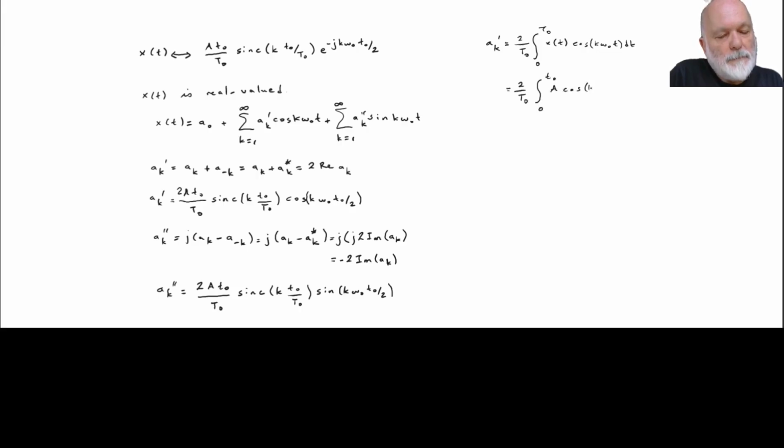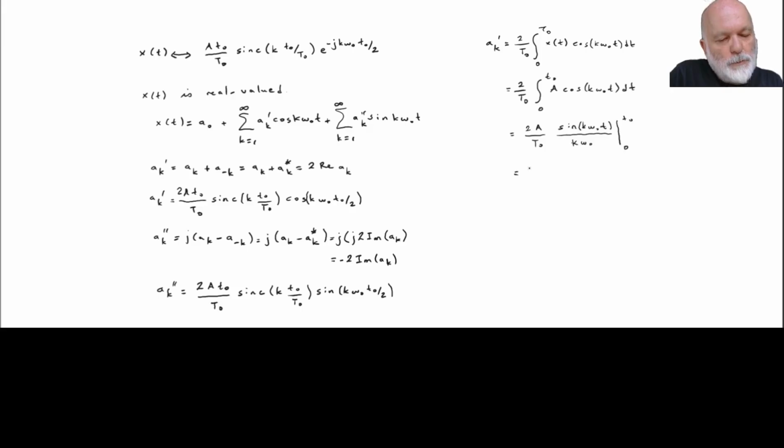We integrate a cosine k omega 0 t, so it is 2a over T0 times sine k omega 0 t divided by k omega 0, evaluated at the integration limits.